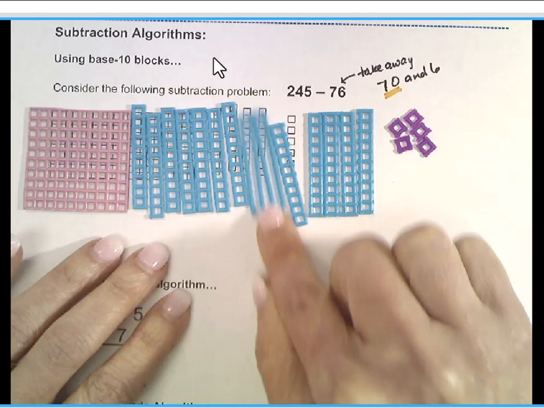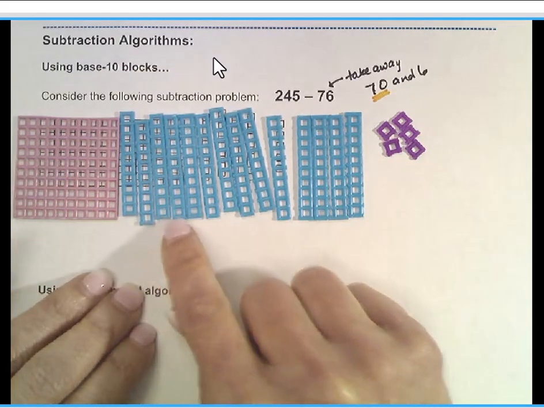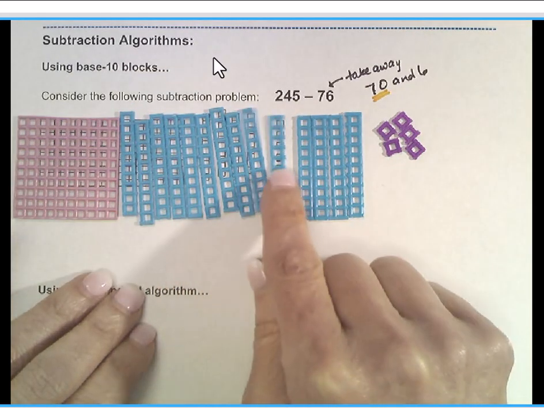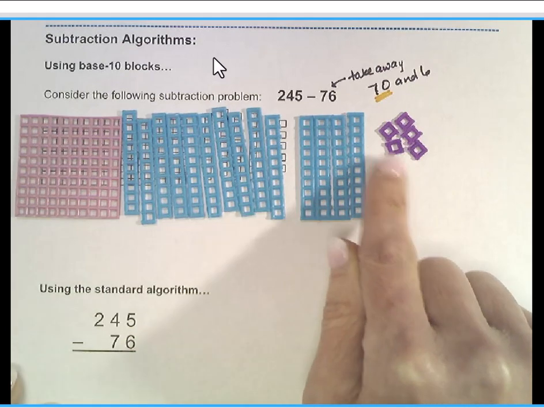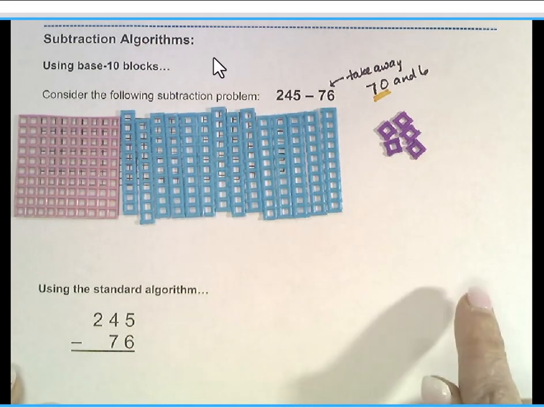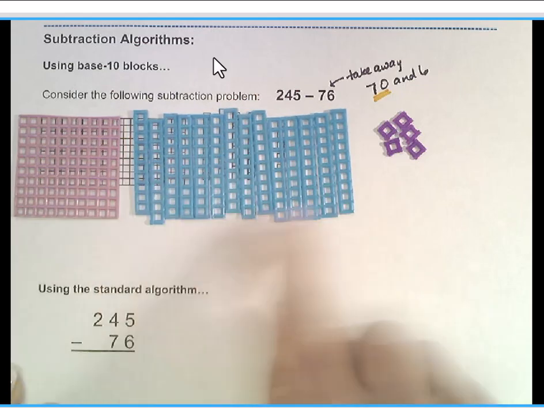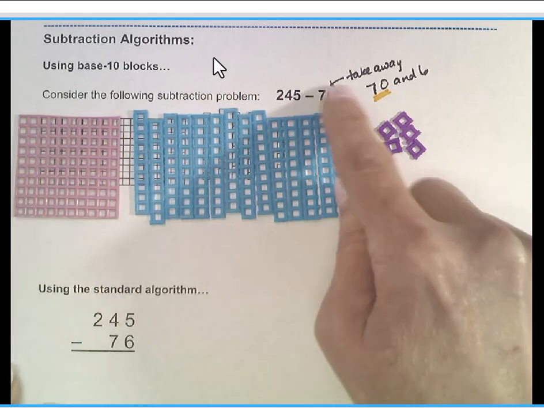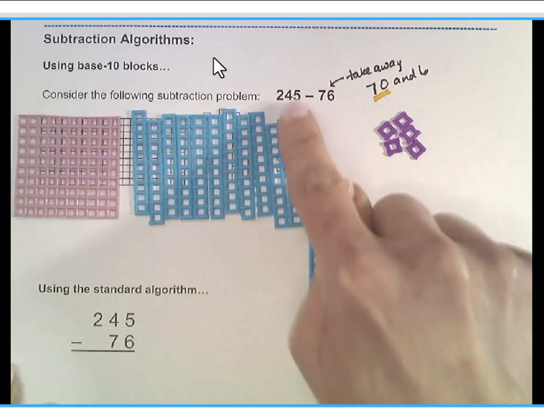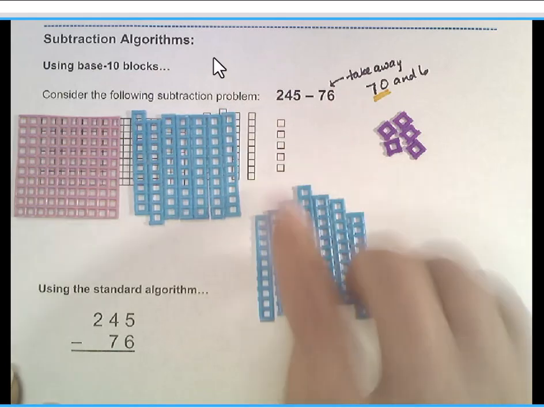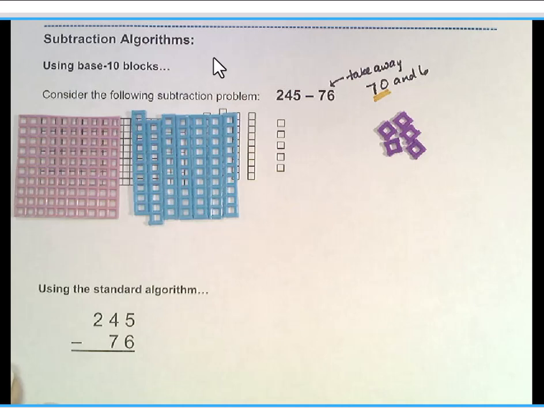So I've got 1, 2, 3, 4, 5, 6, 7, 8, 9, 10 10s plus the original 4 that I have. Now I have 14, and I want you to remember that. 14 10s here. So now I can take away 7. 1, 2, 3, 4, 5, 6, 7. No problem. Those are gone.